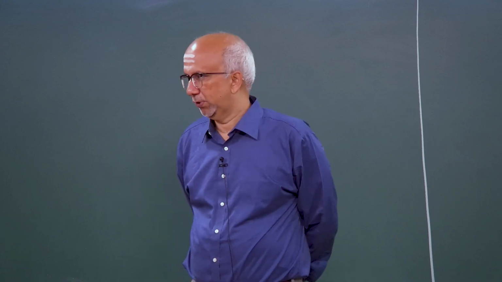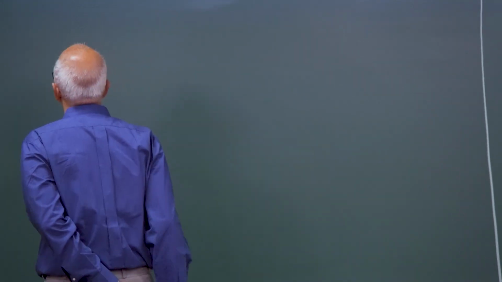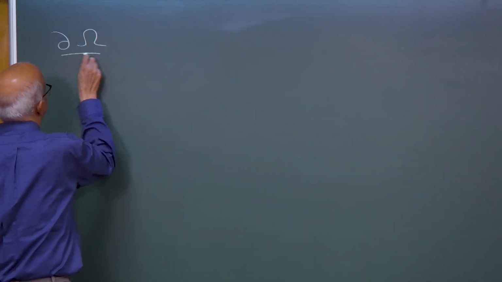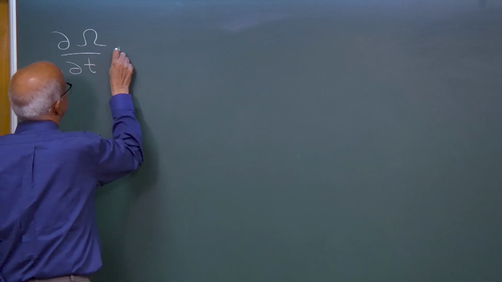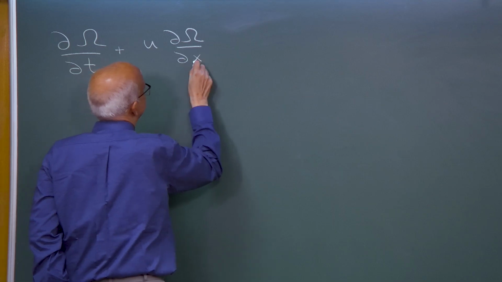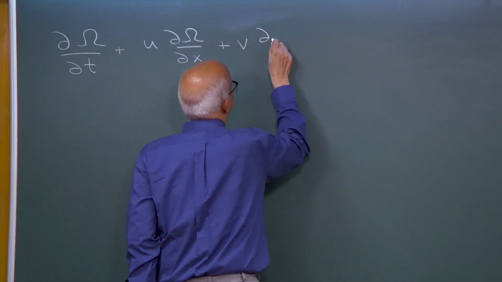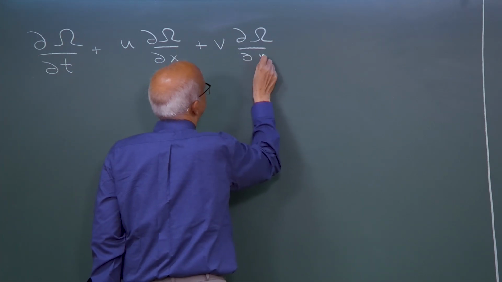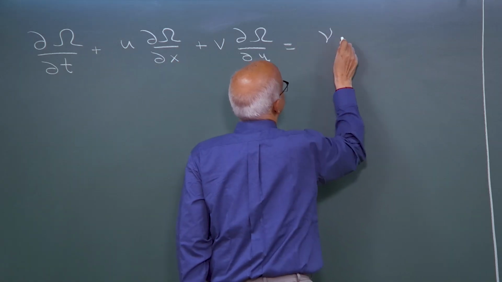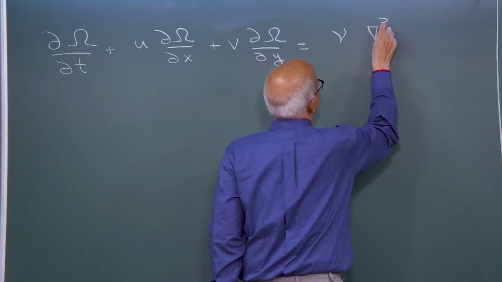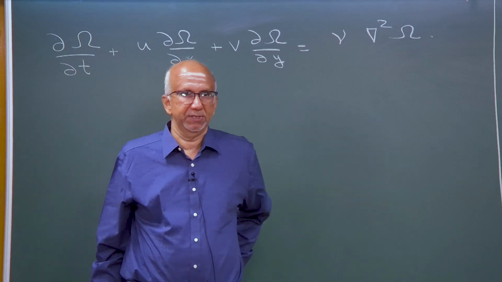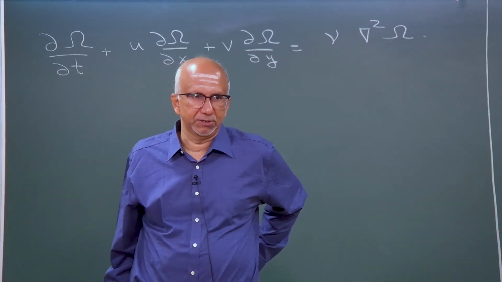And I am just going to write this equation again, and the equation which I had for vorticity was this. dω/dt + u dω/dx + v dω/dy equals nu times del squared omega. This is the equation we derived for vorticity.